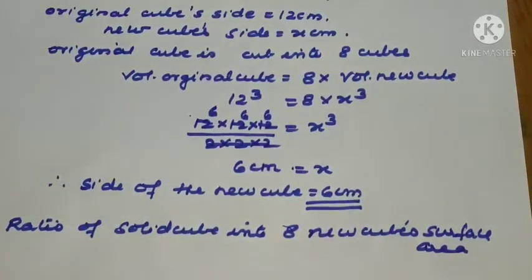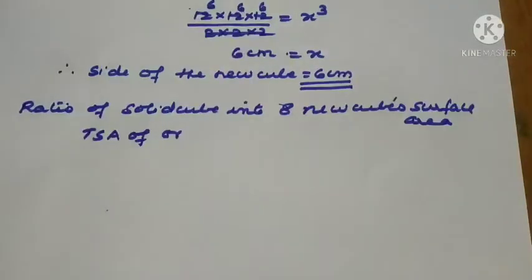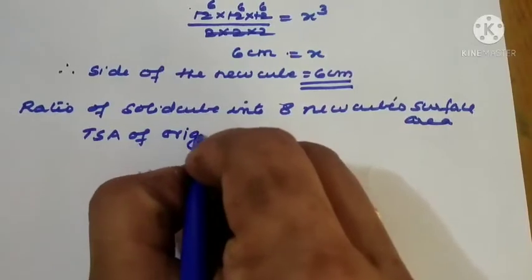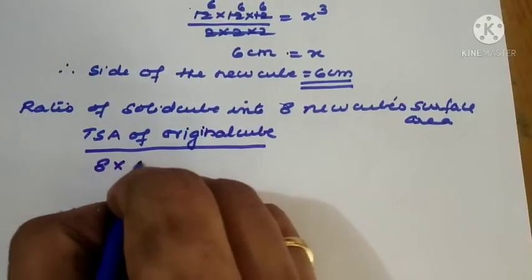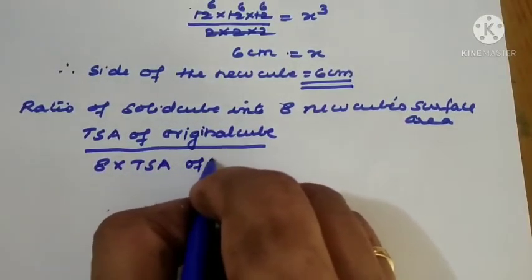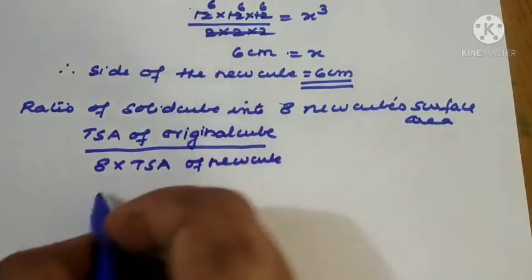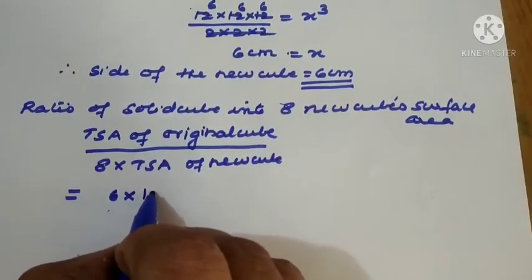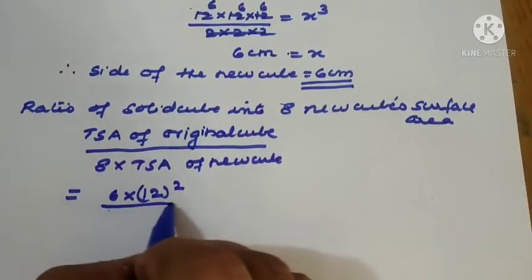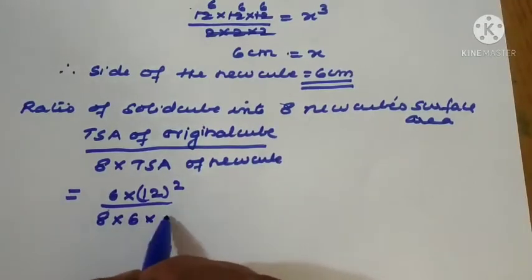What is the formula for surface area? 6a square. So we will write here TSA of original cube by 8 into TSA of new cube equal to 6 into 12 square by 8 into 6 into 6 square.